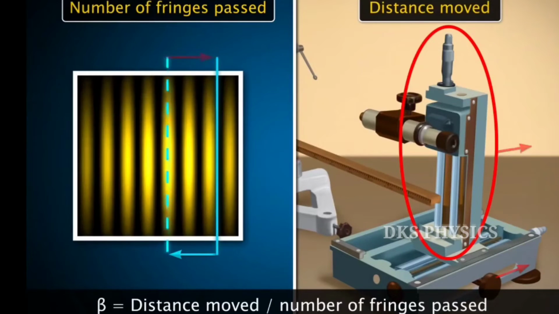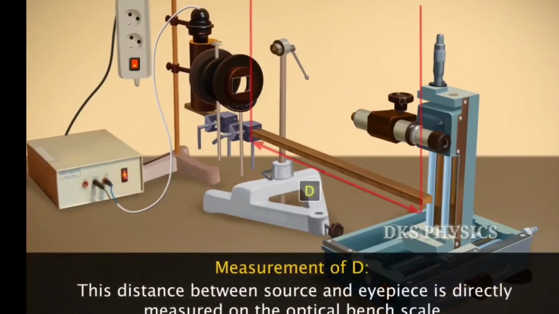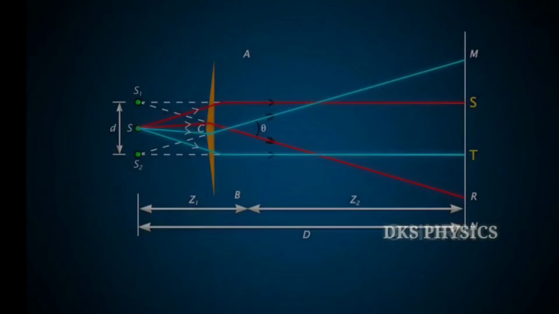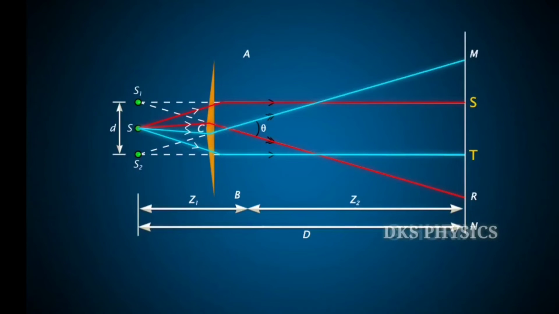Then, beta will be equal to the distance moved upon the number of fringes passed. Measurement of D is the distance between source and eyepiece, which is directly measured on the optical bench scale. The only problem is the measurement of the separation of the two virtual sources S1 and S2, that is small d.